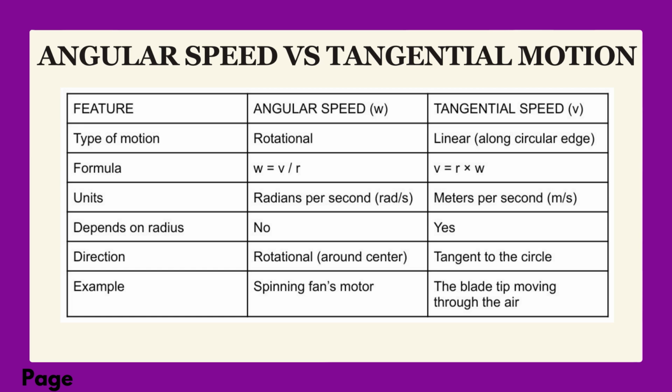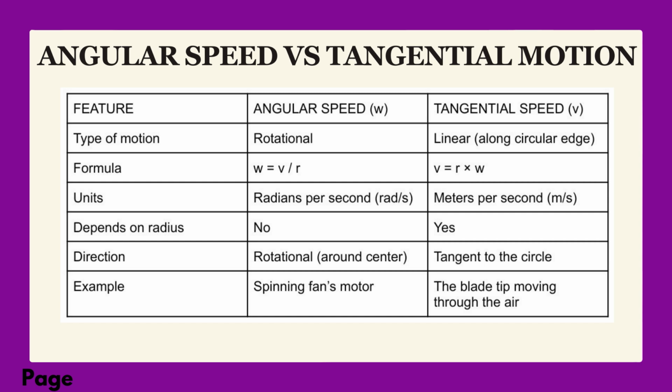So, what's the difference? Angular speed is rotational around the center, while tangential motion is linear at the edge. Angular speed is the same for all points, while tangential motion is bigger farther from the center. Angular speed is measured in radians per second, while tangential speed is measured in meters per second.